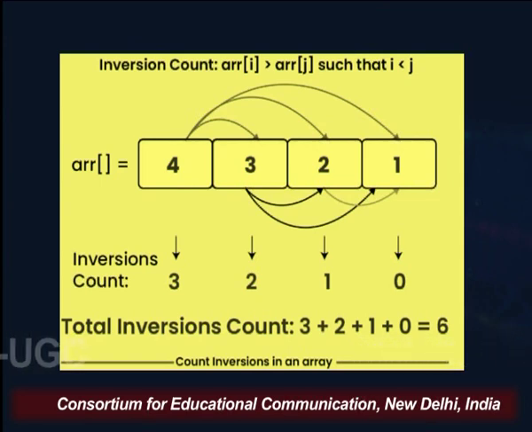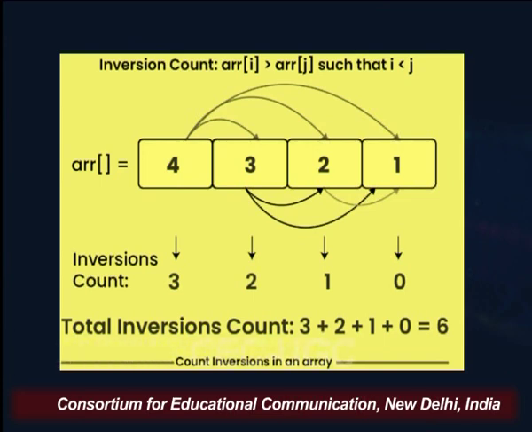For 4, the inversion count is 3, because if we compare 4 and 3, ARR of i is greater than ARR of j while i is less than j, so 3 is less than 4. That's an inversion. 4, 3 is not in the correct order, in layman's terms.